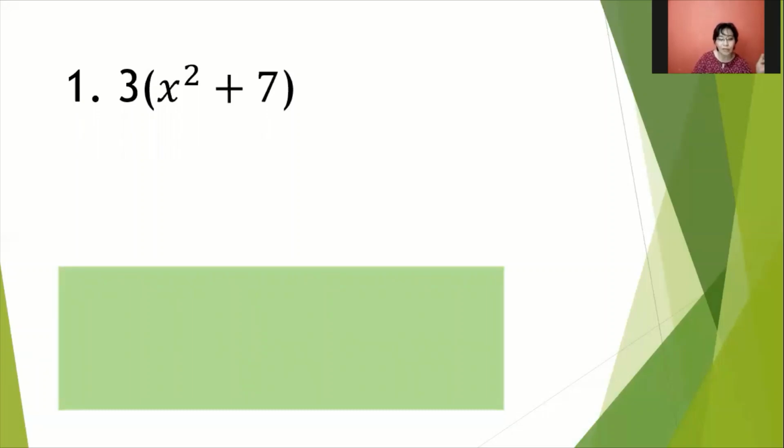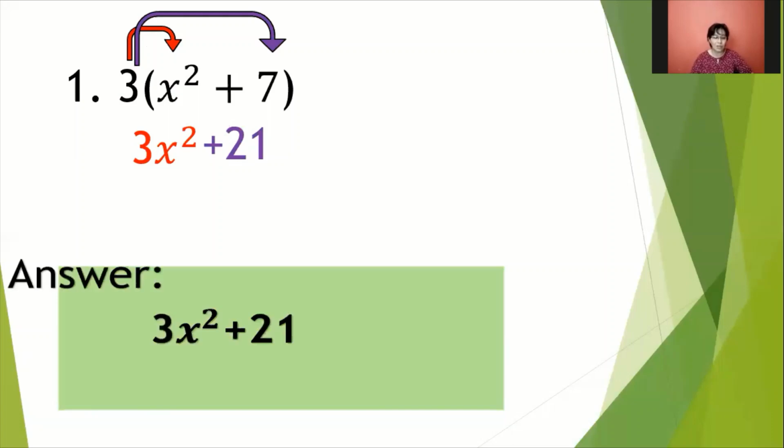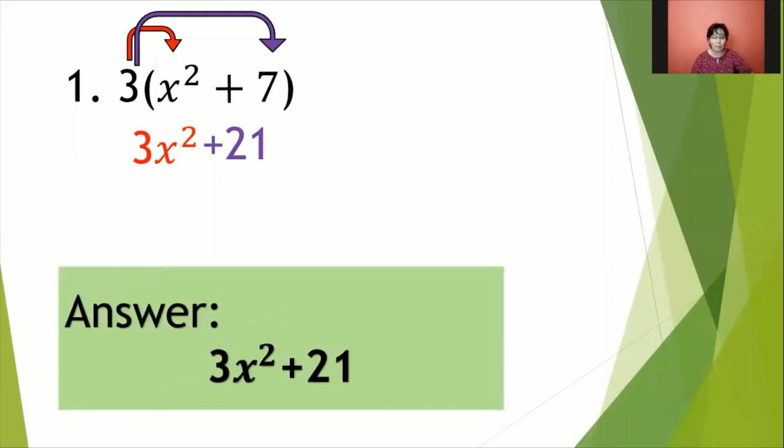You have to use the distributive property where 3 times x squared is equal to 3x squared, and 3 times 7 is equal to 21. And the final answer is 3x squared plus 21. Okay, that is so easy.